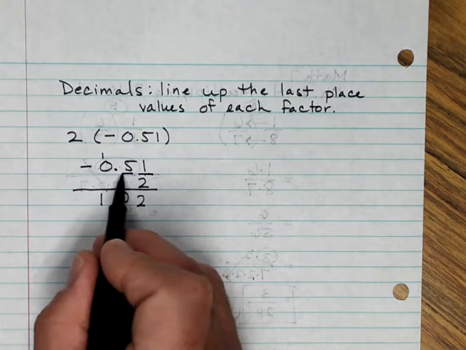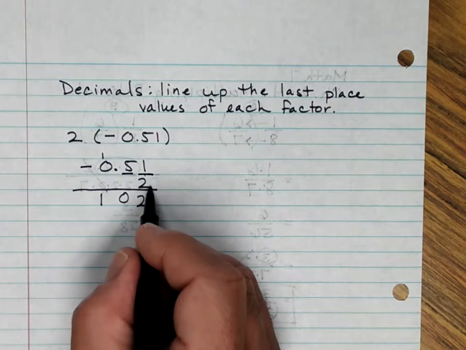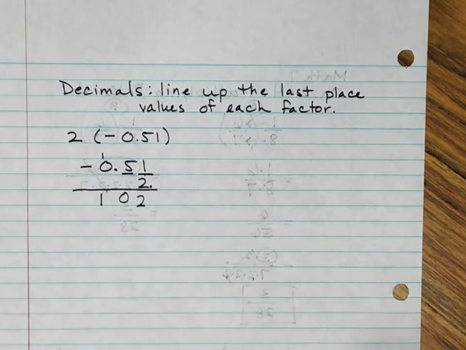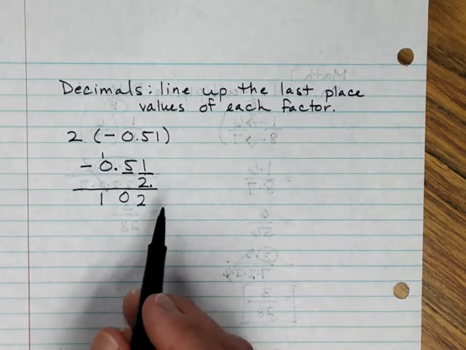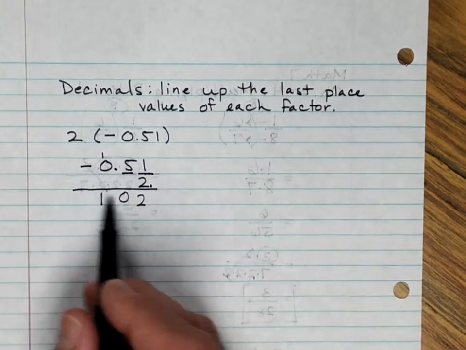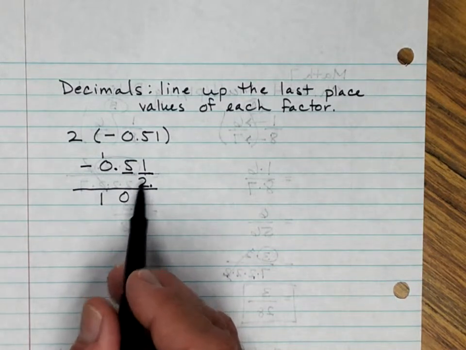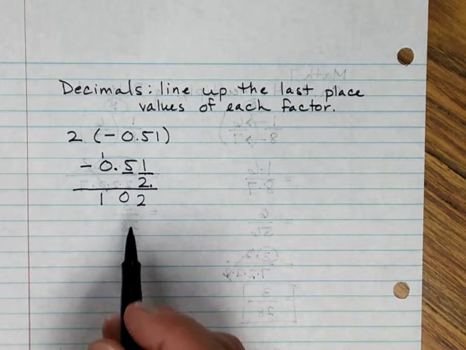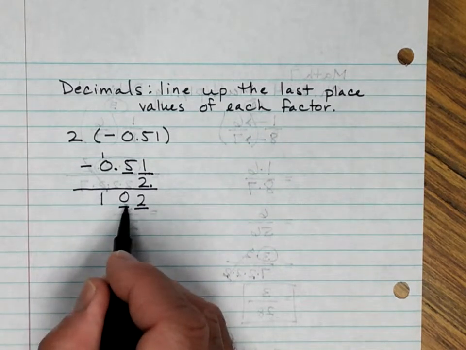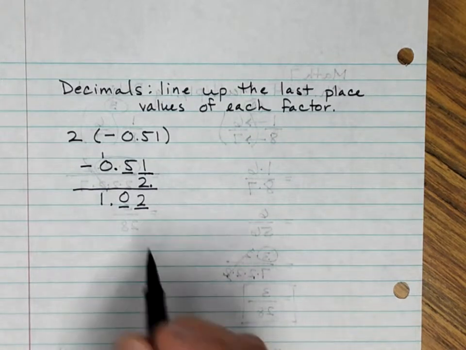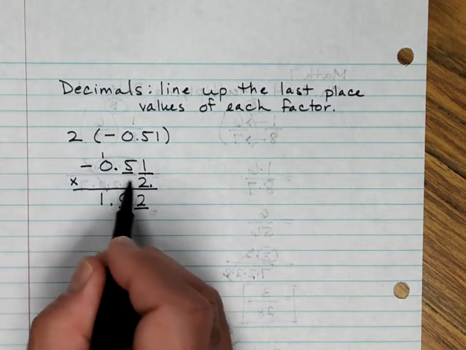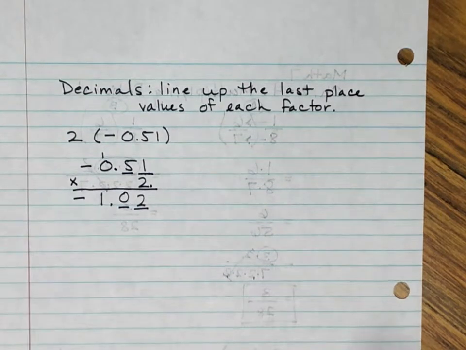In this top factor, there are 2 place values. In this bottom factor, the decimal would be here, so there are no place values to the right of it inside this factor of 2. So we only have these 2 place values, so in the product there are only 2 place values. And then finally, don't forget, you just multiplied a negative with a positive, so the product is negative. So it's negative 1 2/100ths.